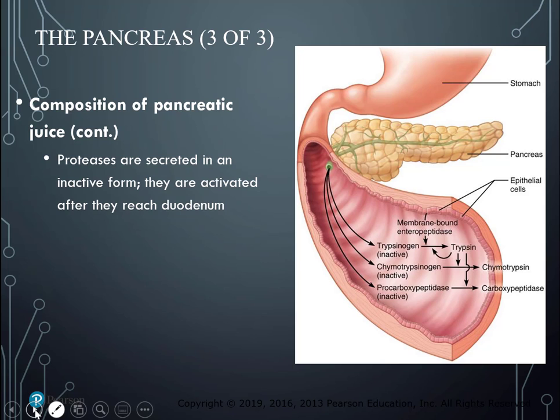proteases are secreted in an inactive form. They need to be activated when they reach the duodenum. We are going to get into that when we get into the chemical digestion and chemical conversion of the things that we have in the digestive system.